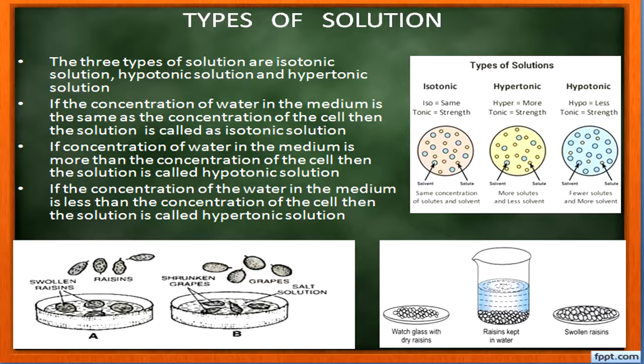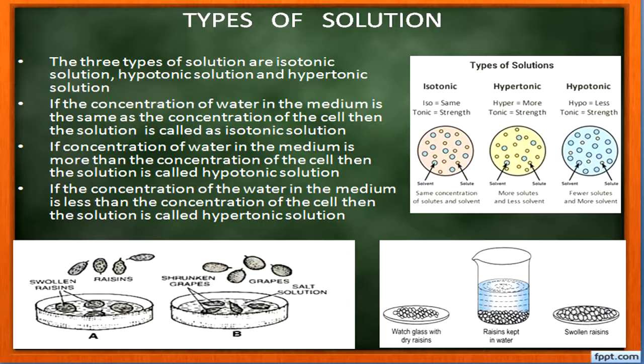So the amount of water which is present outside the cell is more when you compare it with the water concentration inside the cell. So water has to move from higher concentration towards lower concentration. So from the external medium, the water will be entering the cell, as a result of which the cell starts to swell up. Understood? Is it clear for you, children?